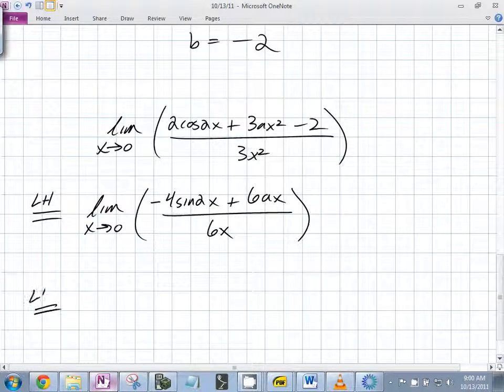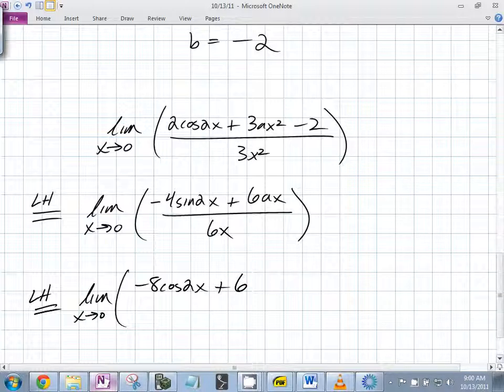L'Hopital's rule again. So now we have the limit as x goes to 0 of negative 8 cosine 2x plus 6a all over 6. And we want that to go to 0, right?